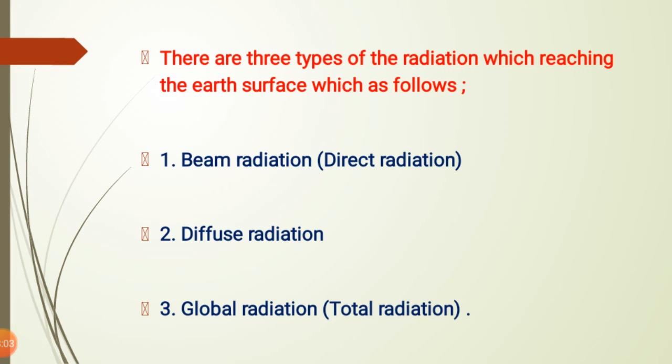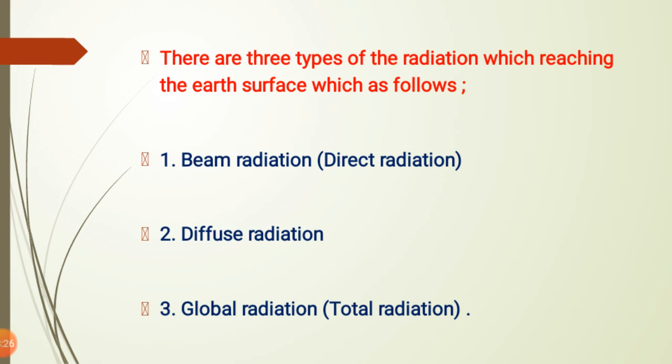Now depending on the radiation reaching the Earth surface, there are three types of radiation, which are as follows. First one is the beam radiation, which is also known as direct radiation. Second one is the diffuse radiation, and last one is the global radiation.